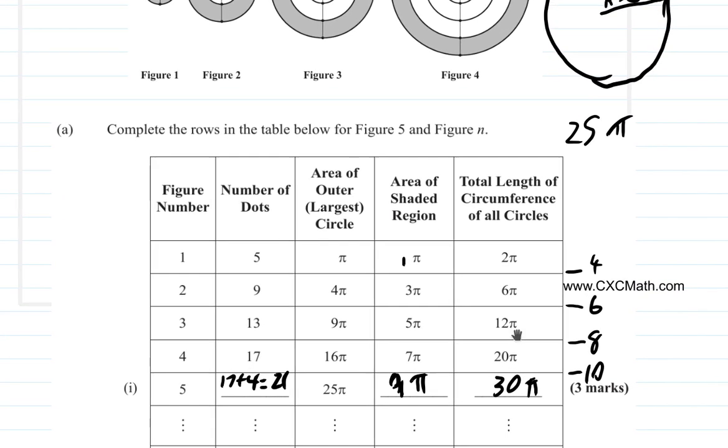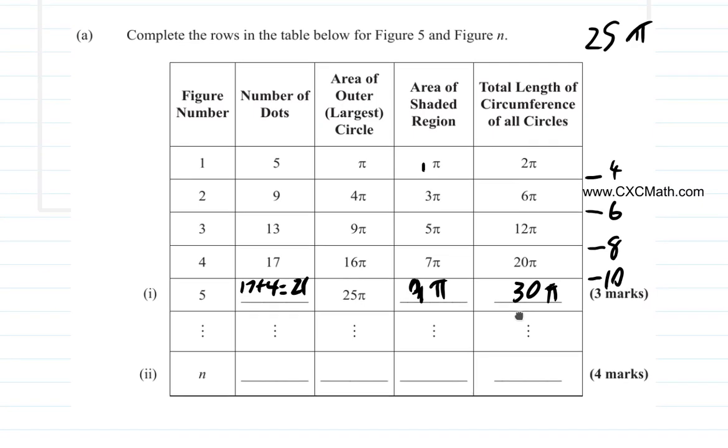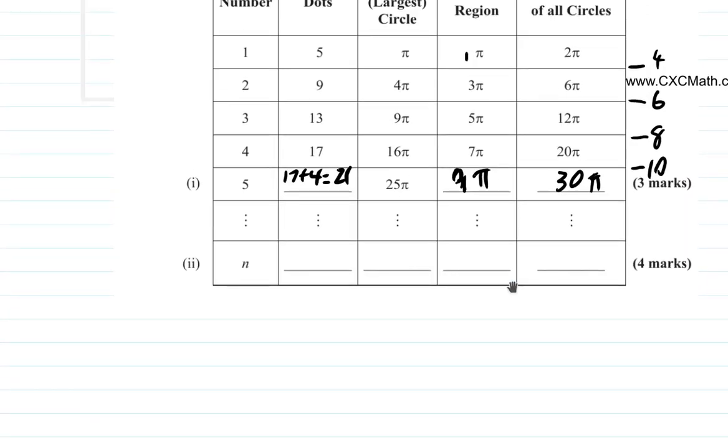When you add them all up, you keep adding, you have to keep adding these up. Alright? You have to keep adding up the circumference of each circle. But the thing now is this.